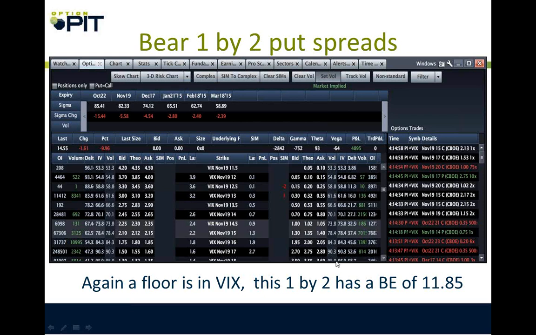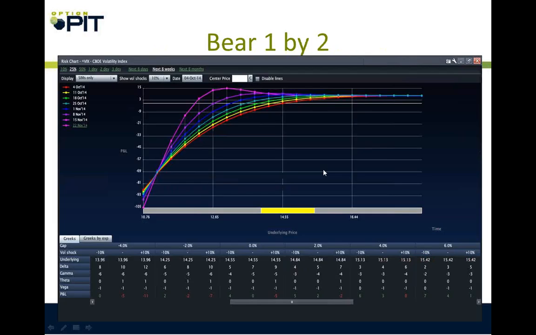I'm going to break even at about 11.85, and I took in a credit. And what's even better is if VIX does slowly drop, I can make a lot of money as it eases lower. This is one of my favorite trades in VIX.